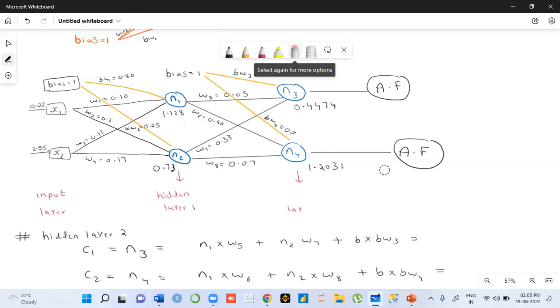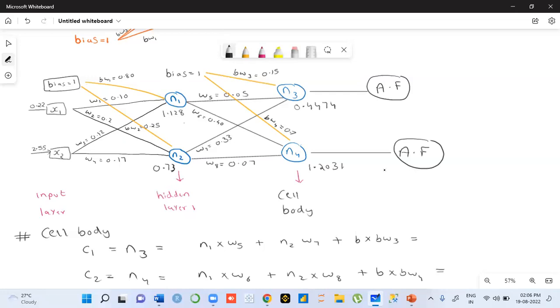So this is your cell body, which is not your hidden layer. You can say after multiplication, this is your cell body. My mistake. N3, N4 are nothing but a cell body C1, C2. Hidden layer I have taken as 1. हाँ, ये अपनी cell body है.